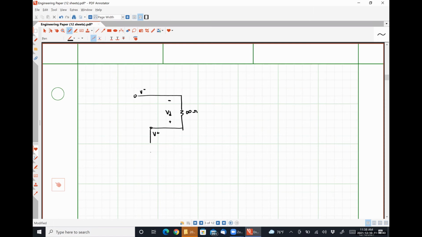Our non-inverting input was tied to ground, so I'm going to go ahead and draw that. We had our 5 kilo ohm resistor right here. We had our 1 volt source right here. On this side, we have infinity times our differential voltage VD.